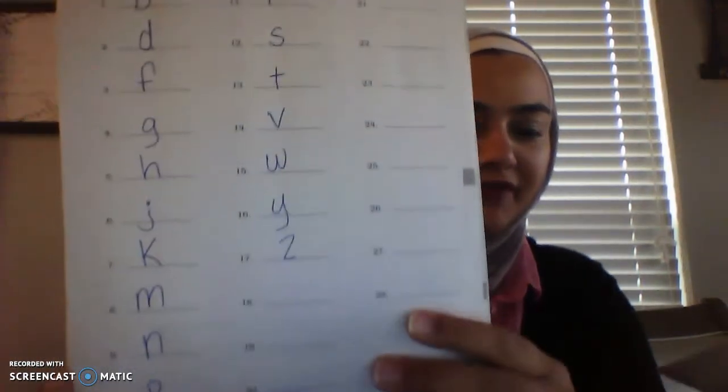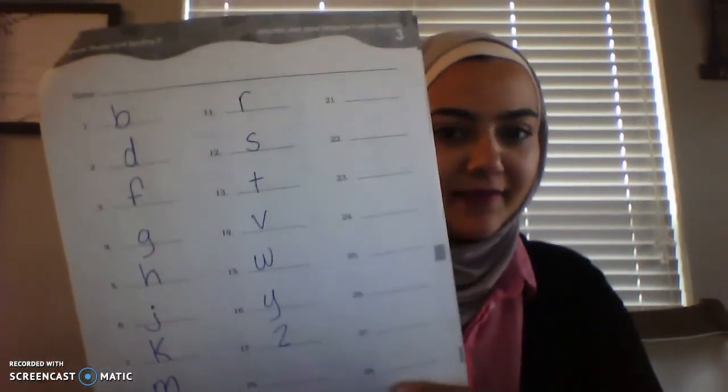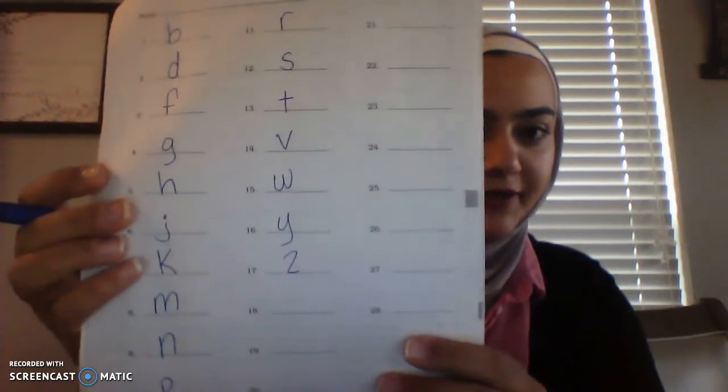V. Very good. W. That's W. Good job. Y and Z. Z. Good job. So your letters should look like that. Miss Yusuf, what about the other lines? Just leave them blank. Your paper should look like that.